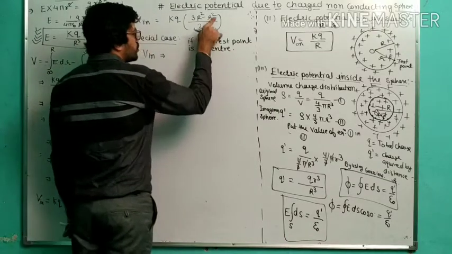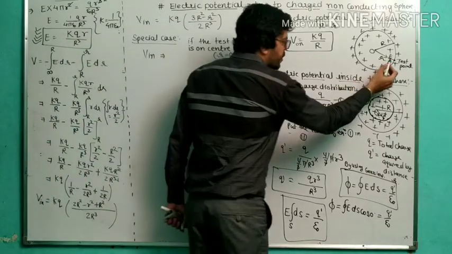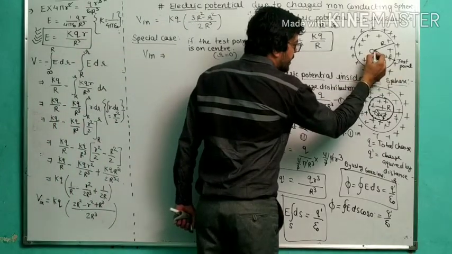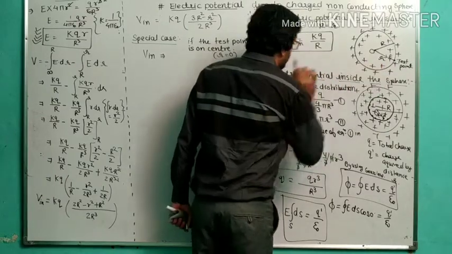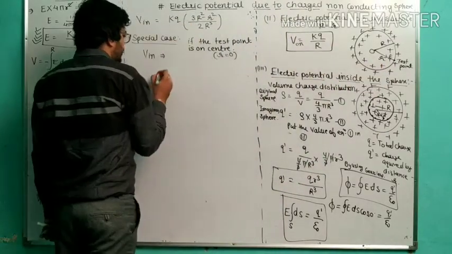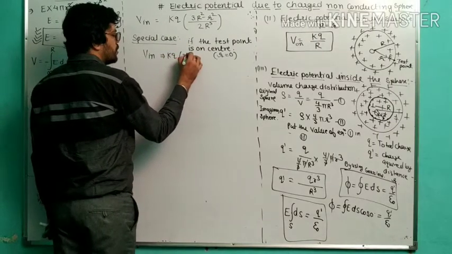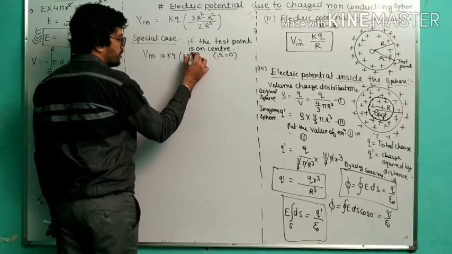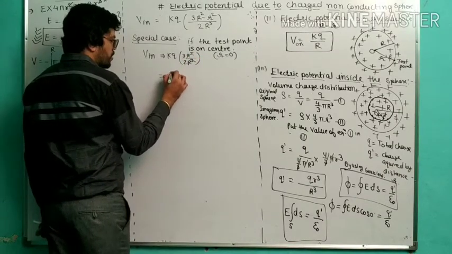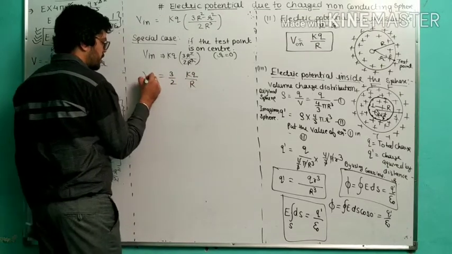Center means small r is 0. We are bringing this test point to the center, so the value of r is 0. So put it here: electric potential inside is kq times 3R square divided by 2R cube. So the value is 3 by 2 kq upon capital R.